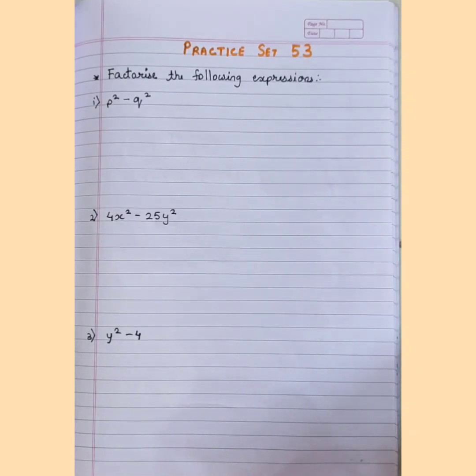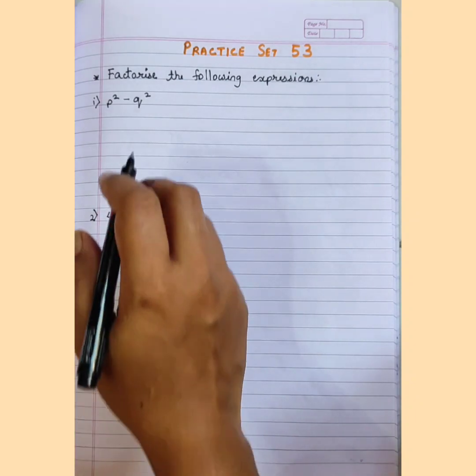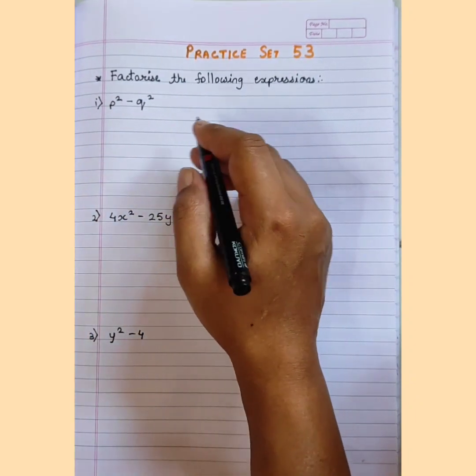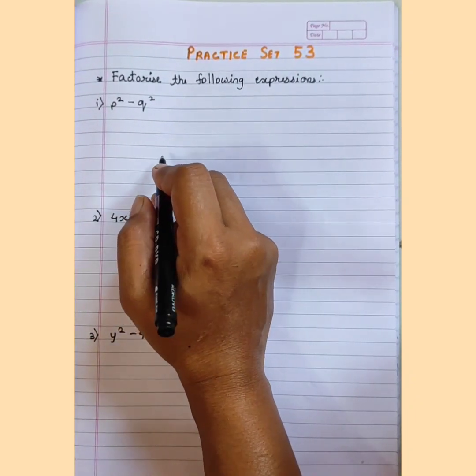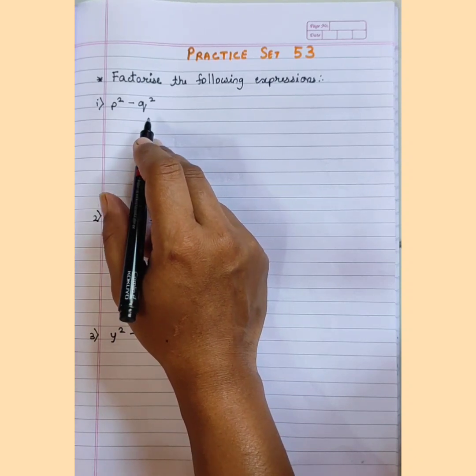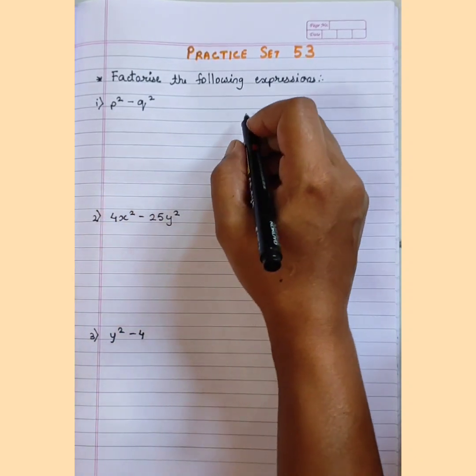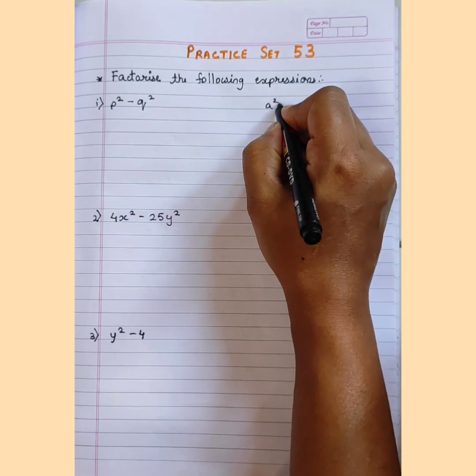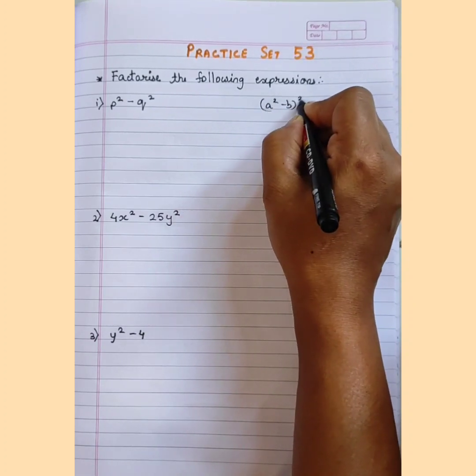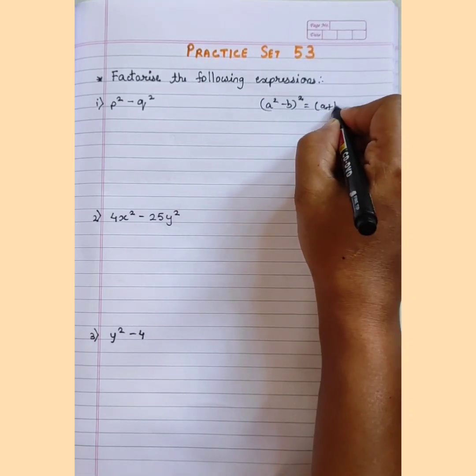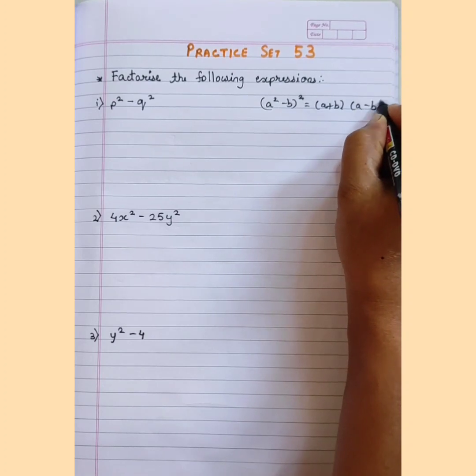Practice set 53. Factorize the following expressions. Now there are certain expressions given to you that we have to factorize. Here we are going to use our algebraic formula a square minus b square is equal to a plus b and a minus b.